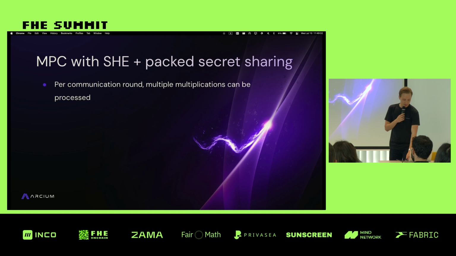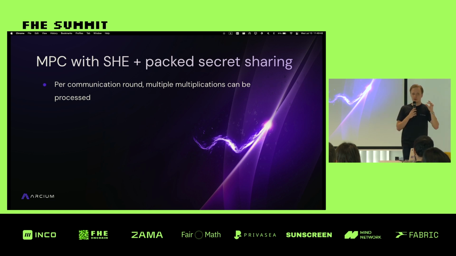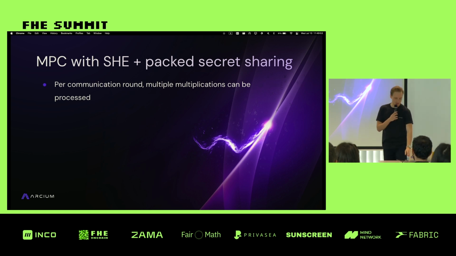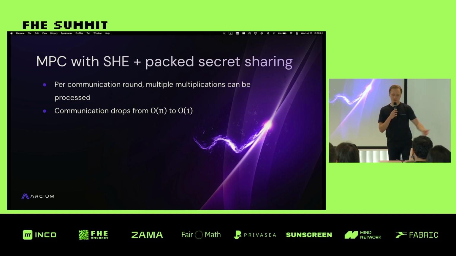What we're able to do is, per communication round, instead of just individual secret shared values, we take those polynomials as secret shared values, which themselves represent this vector of secrets. And so with this setup, we're in certain scenarios able to drop the communication overhead to almost constant time. In any case, it becomes sublinear.